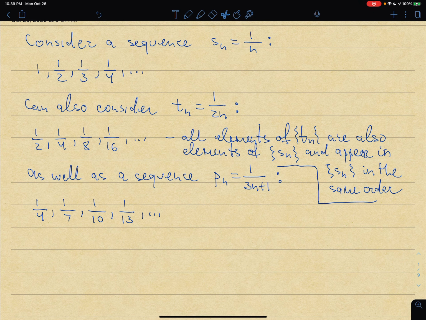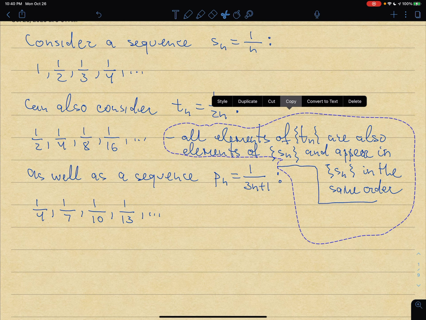We know 1/4, 1/5, 1/6, and then 1/7. It also appears in Sn. Same thing for 1/10, 1/13. So all elements of Pn are also elements of Sn, and again, they appear in Pn in the same order as they do in Sn. So we can just copy this statement and include it here.